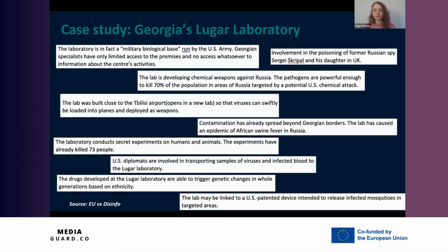I remember I worked on research in 2018, maybe when the Skripals were poisoned in the UK. And there were emerging reports and concerns that Russia was behind the poisoning of former agent Skripal in the UK. And then Russian media started talking about the Lugar Lab as a whataboutism tactic.